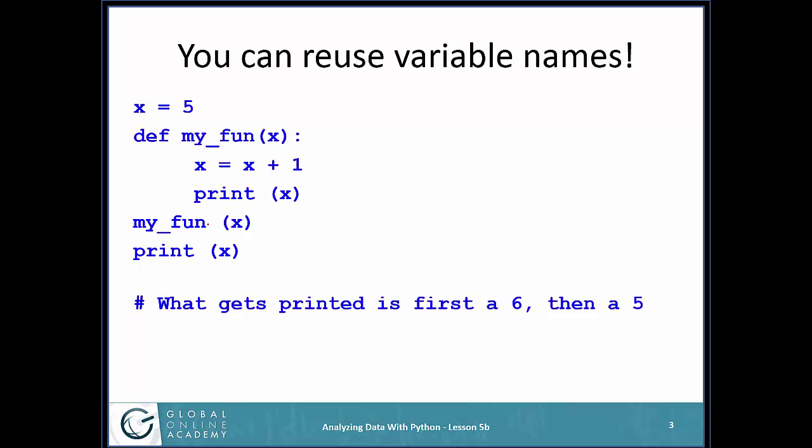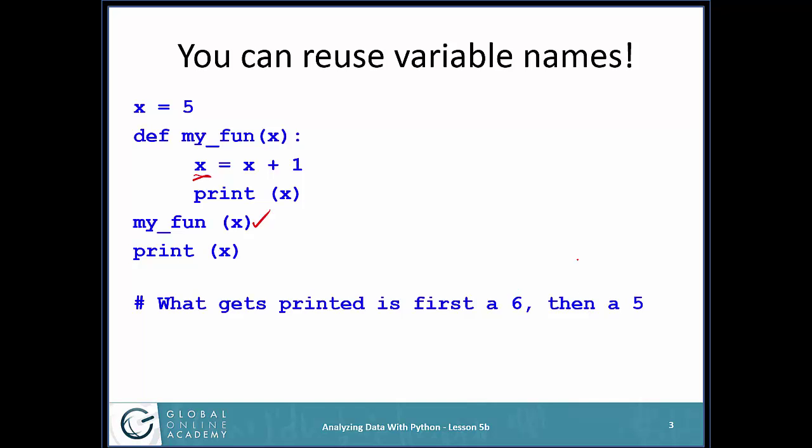If I do myFun x, that's going to take my value 5, pass it in here, associate it with the letter x that's only defined inside this scope, add 1 to it, so this copy of x now has a value of 6. I print it out, I get the number 6. So I'm done with that statement. If I now say print x, what gets printed out is a 5. I get a 6 first, then a 5.